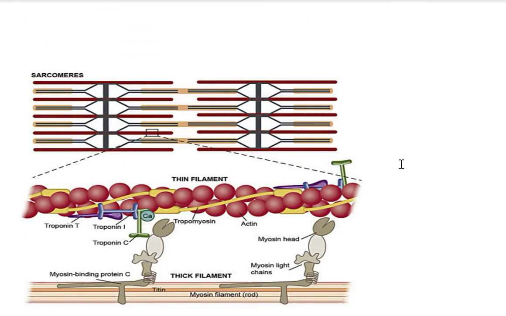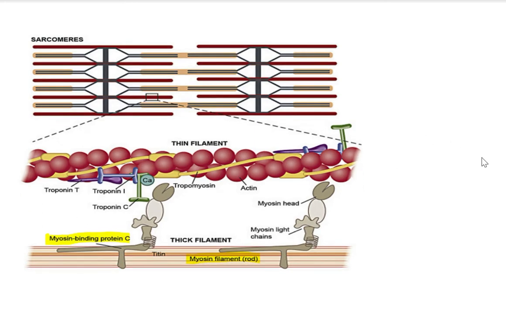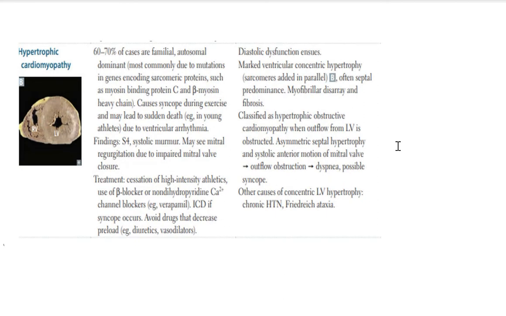One last thing that we should note is that genes that encode for the myosin binding protein, as well as the beta myosin thick filament, often are defective in a disease called hypertrophic cardiomyopathy.